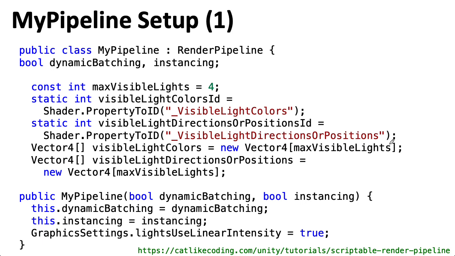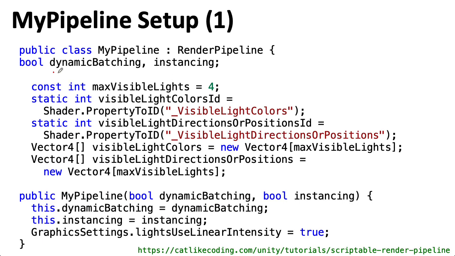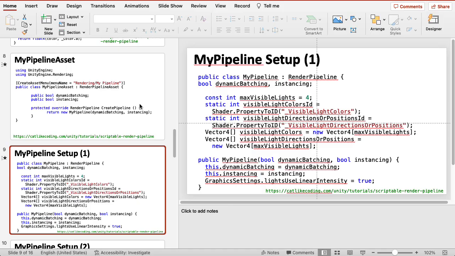So later you'll see code where we copy the C# side light data to the shader side light data. Now there's not much to the constructor. It takes the variables that we pass in when this is executed from the MyPipelineAsset script, namely these dynamic batching and instancing variables, and assigns those values to the local variables up here. Actually, I didn't do the tabs here very well, did I?